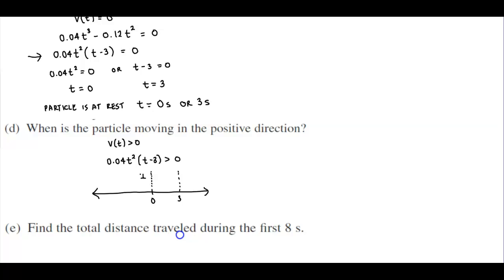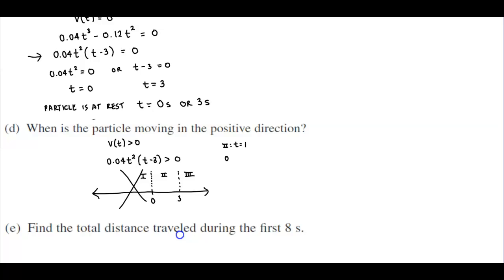If we take a look at region 1, region 2, and region 3, let's plug in a value. In region 1, we're not going to have a time that's negative, so we're not going to worry about region 1. If we take a time between 0 and 3, in region number 2, we can let t equal 1.